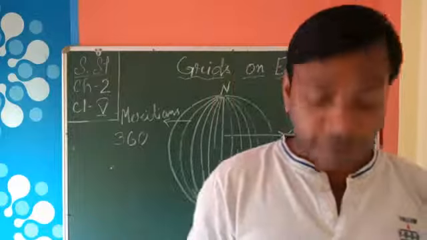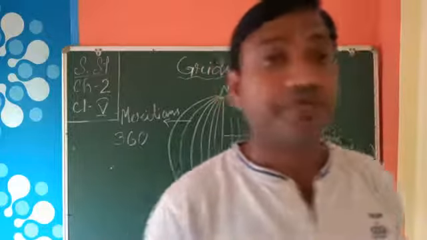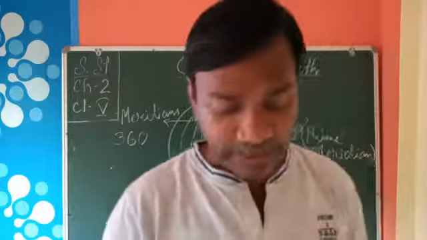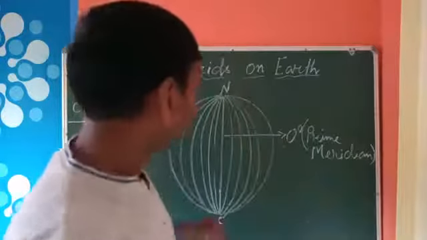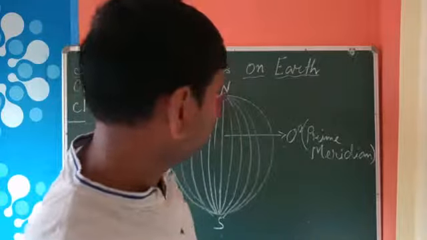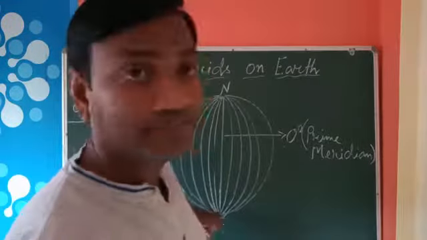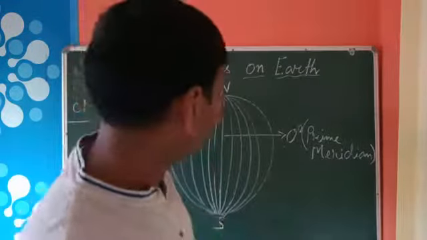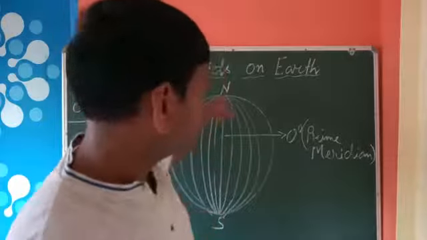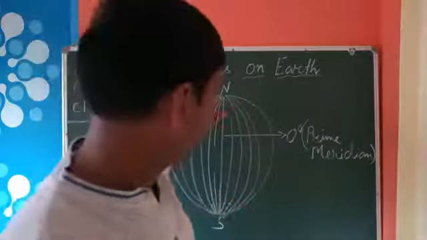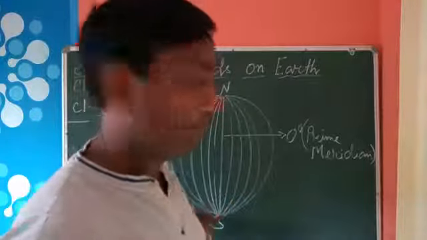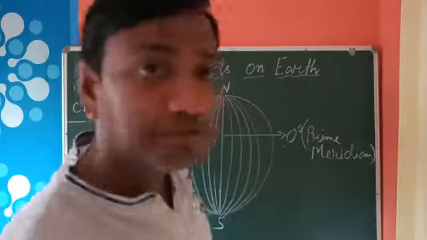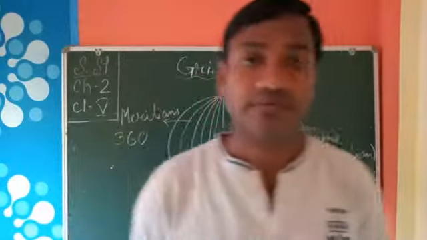The lines of longitude appear vertical but are actually halves of great ellipses. That means if we see these lines, they look vertical, but they are half circles. From the North Pole to the South Pole, it ends, and again from the back side also lines are there.